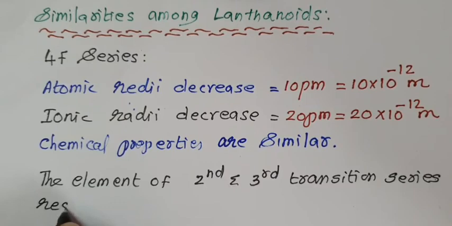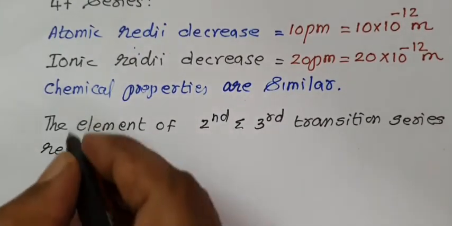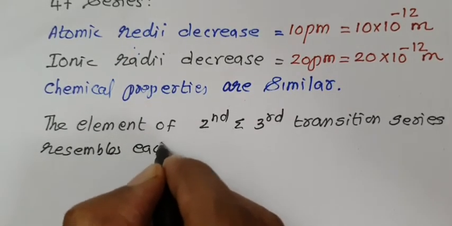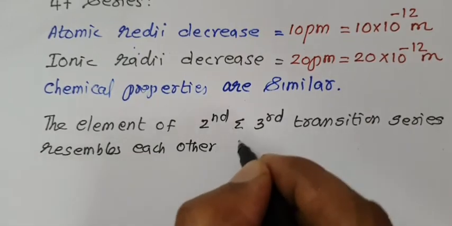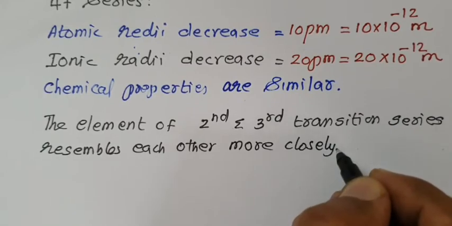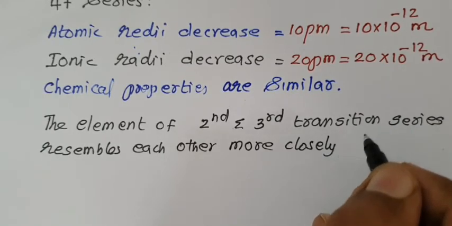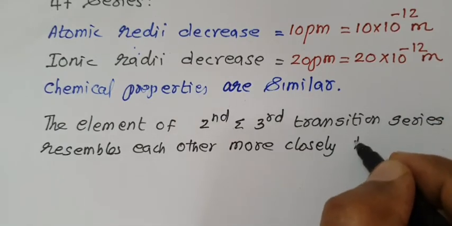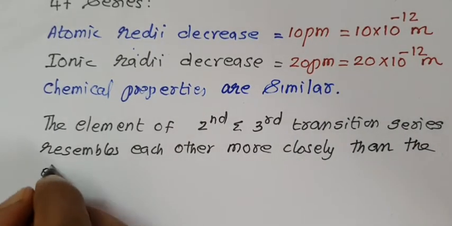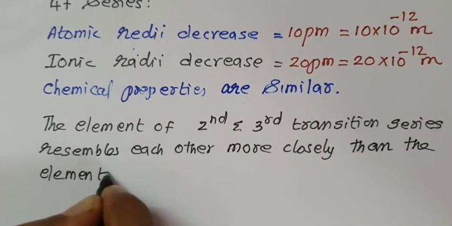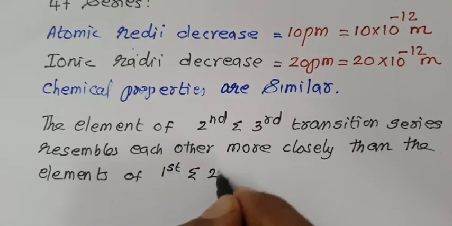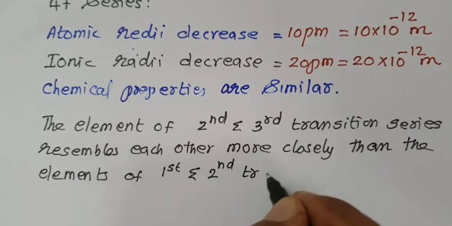Their sizes are more or less the same. They resemble each other more closely in chemical properties and also in some physical properties than the elements of first and second transition series.